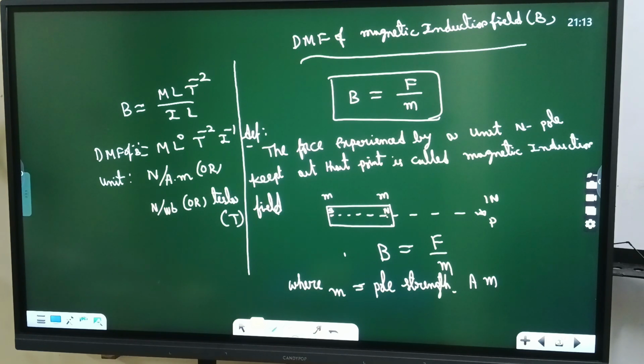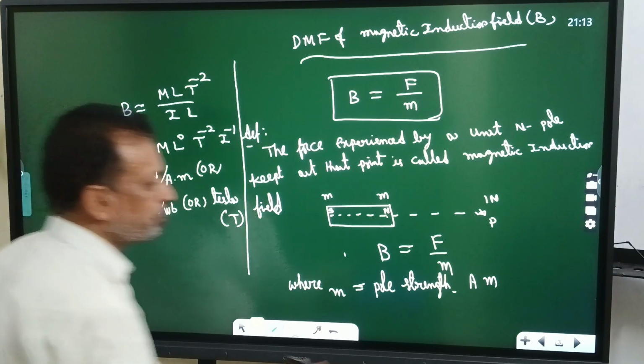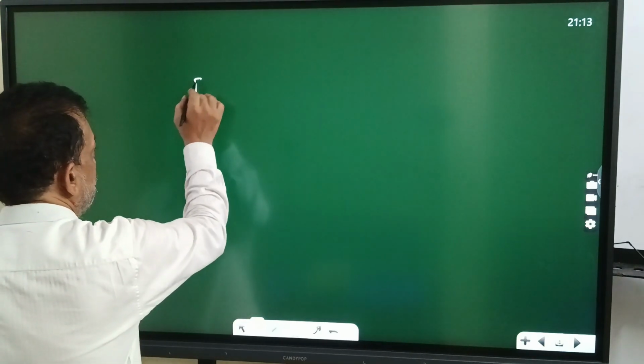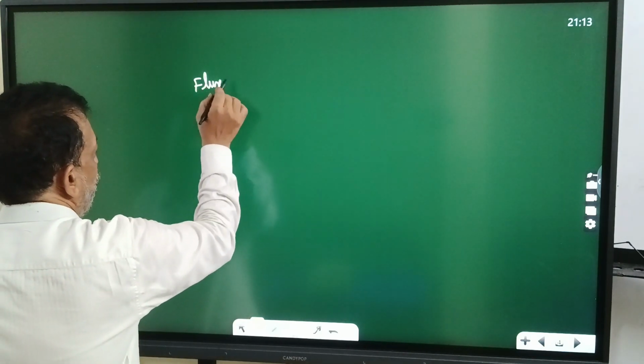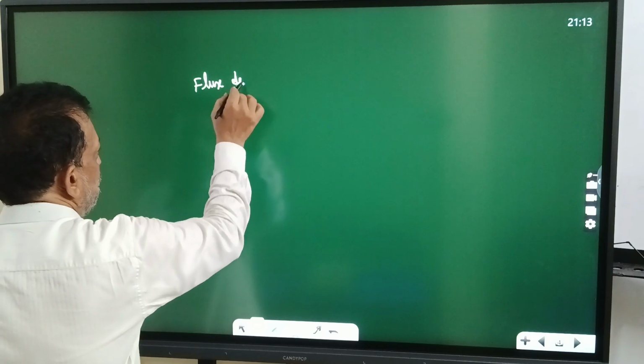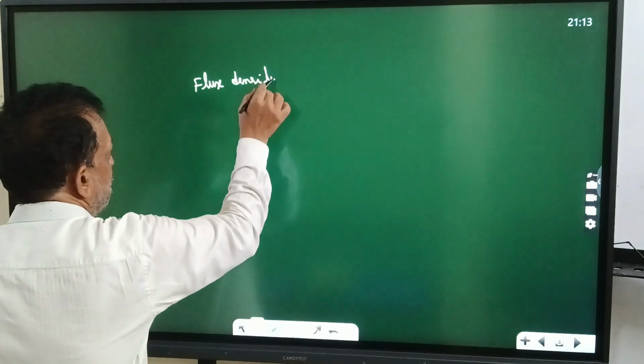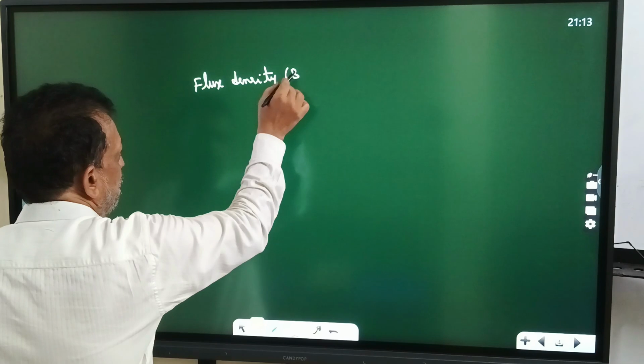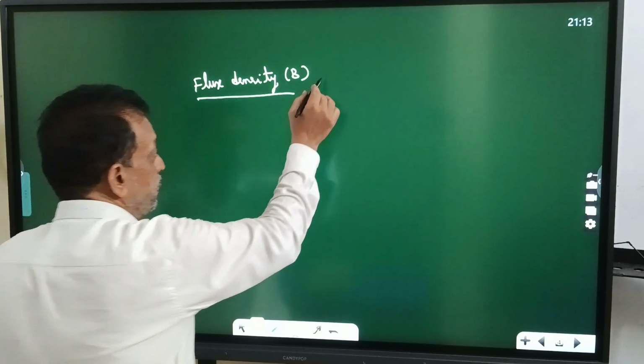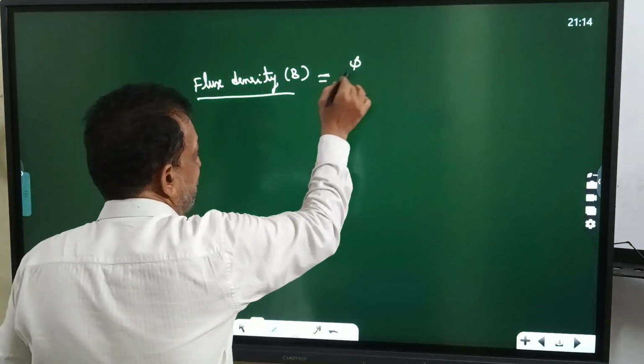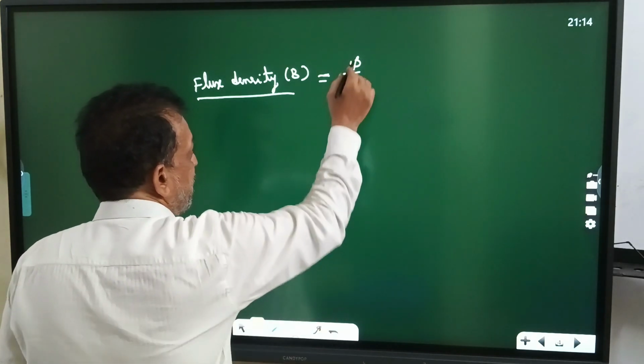So another, what is the formula of magnetic induction field? Another name is flux density. This is B. What is the formula? B is equal to phi by A. Phi is called flux.